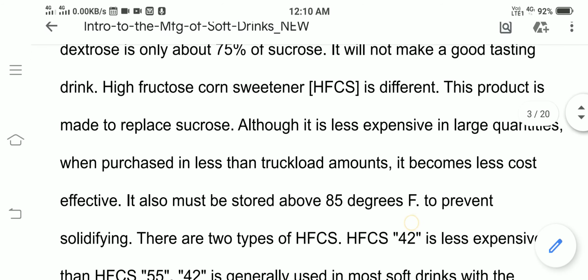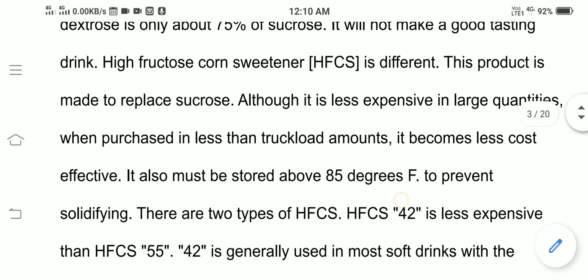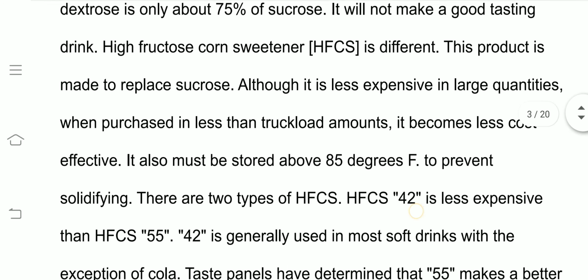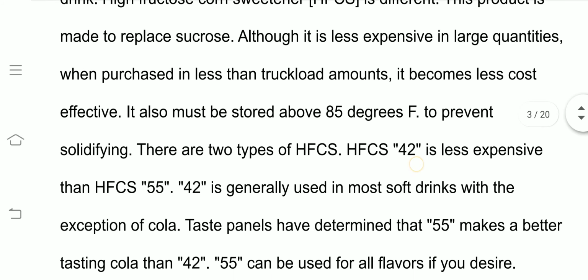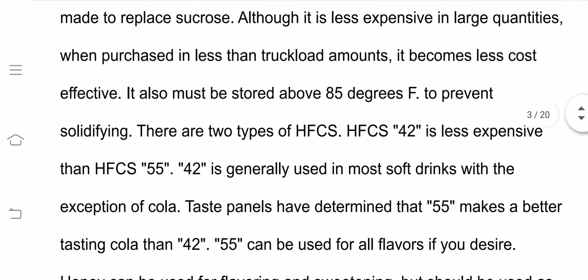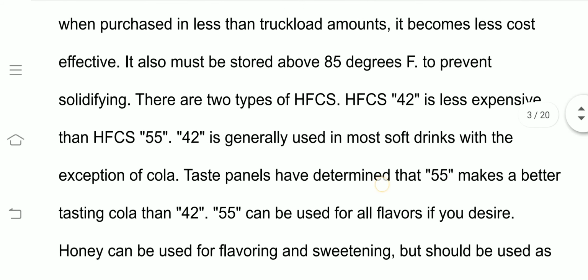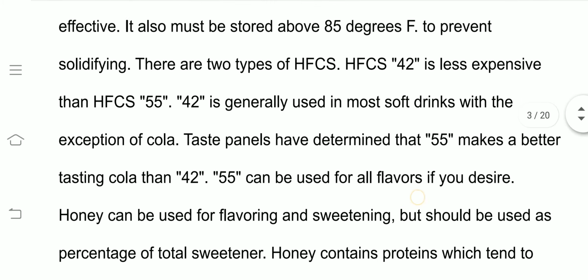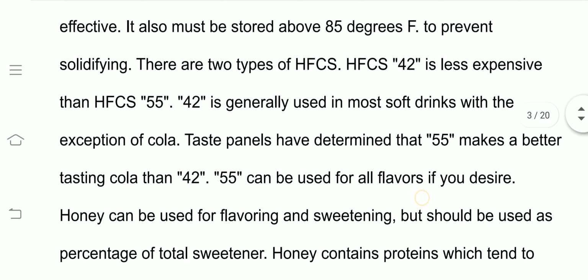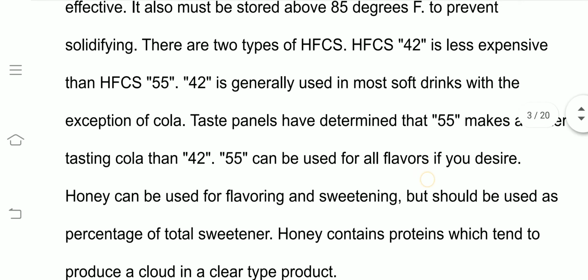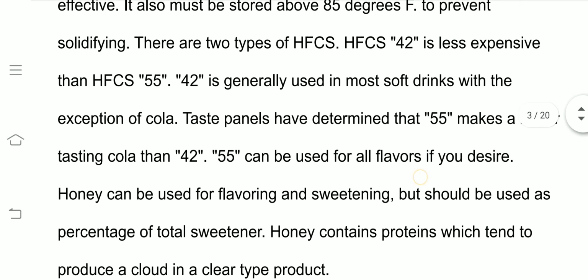Although HFCS is less expensive in large quantities, when purchased in smaller quantities it's less cost effective. It must be stored above 85 degrees Fahrenheit to prevent solidifying.